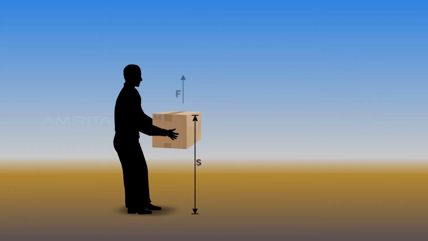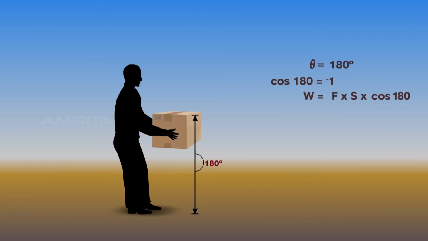As for the gravitational force, as it is opposite to the displacement of the body, theta will be 180 degrees. Since cos 180 is minus 1, the work done here will be minus F into S. Thus the work done by the gravitational force on the body is negative.